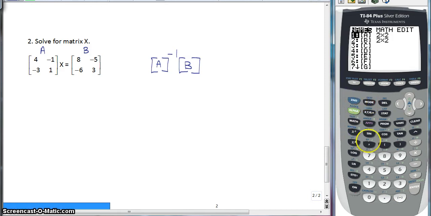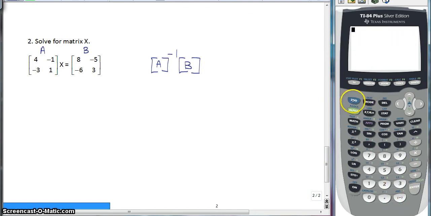You're going to go back, and you're going to now edit matrix B and put that as our second matrix. So that's going to be 8, -5, -6, and 3. Quit.